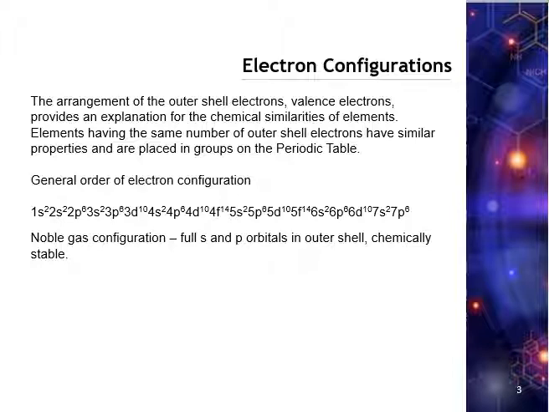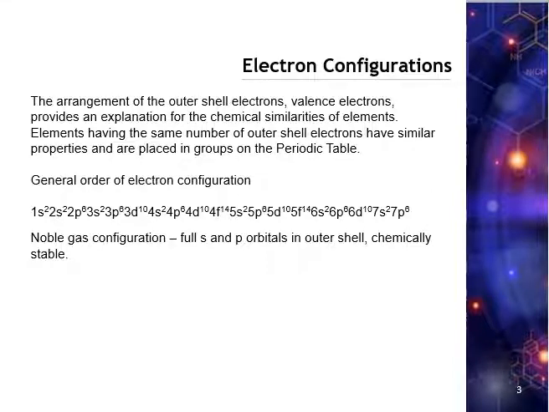The general order of electron configuration is 1s2, 2s2, 2p6, 3s2, 3p6, 3d10, 4s2, 4p6, 4d10, 4f14, 5s2, 5p6, 5d10, 5f14, 6s2, 6p6, 6d10, 7s2, 7p6.